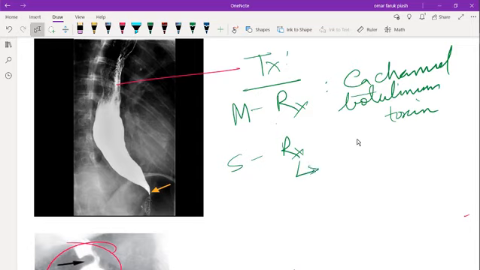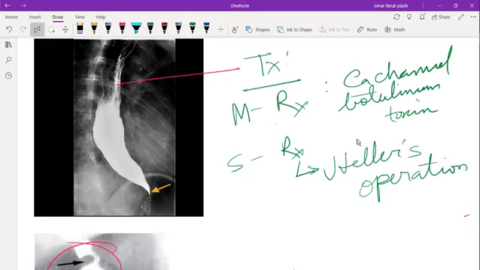And for surgical purpose you can do Heller's operation, also known as Heller's myotomy, and you can do pneumatic balloon dilatation.